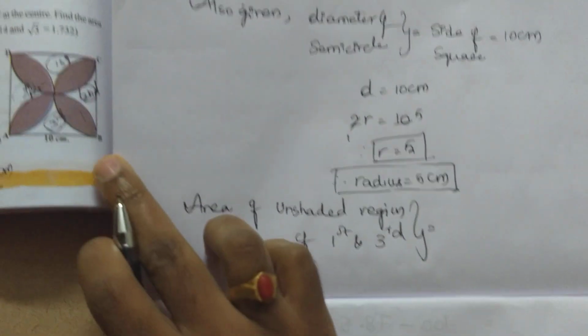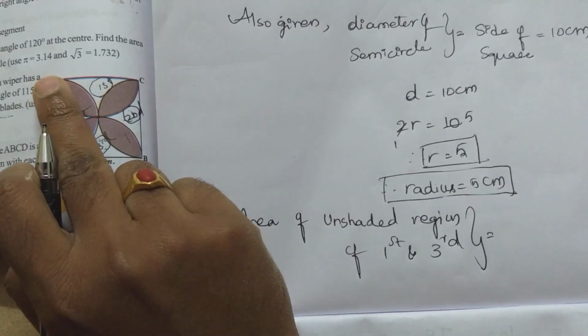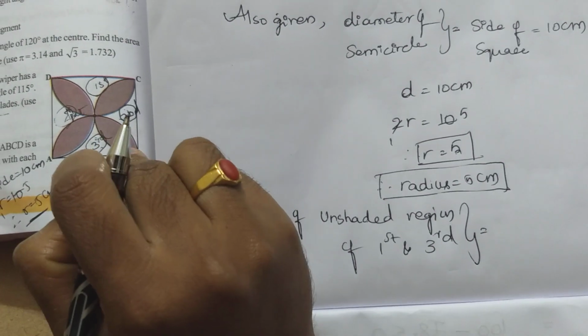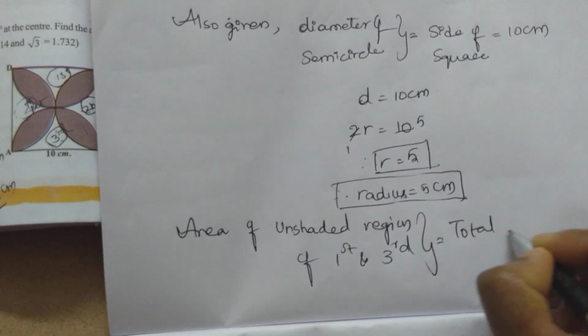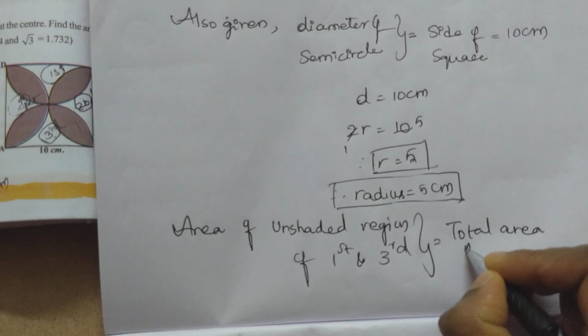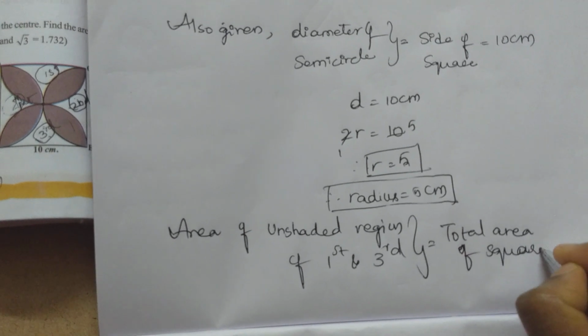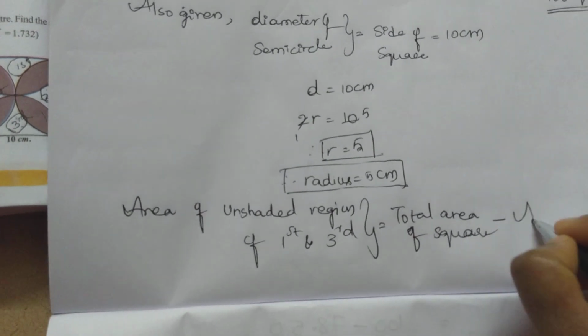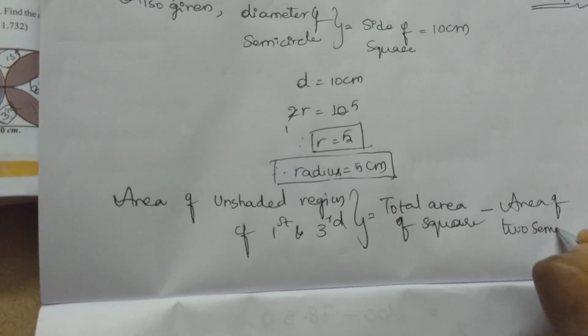How can we obtain that? I told you, right? Total area of square minus area of two semicircles.